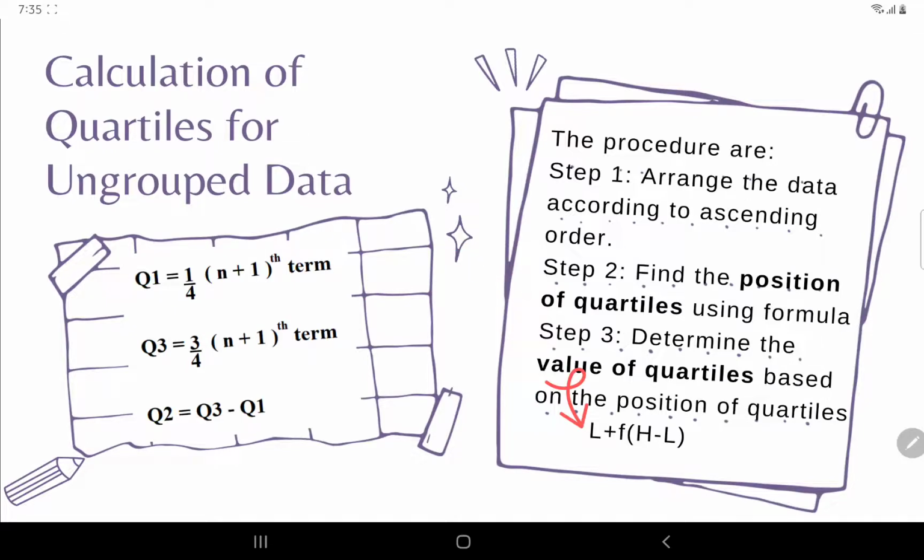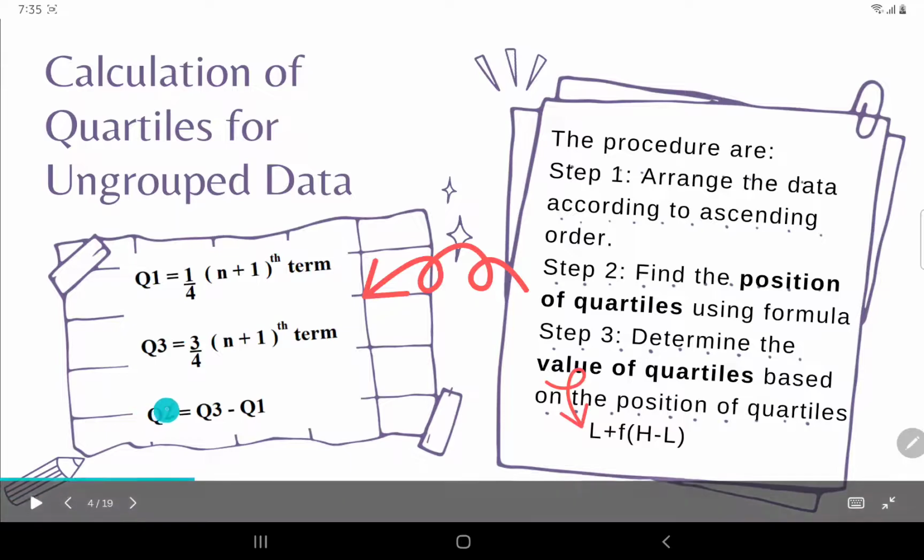So we need to know where the positions for Q1, Q2 and Q3 are. This is the formula for position, the kedudukan quartile. Q1 is 1/4 of the observations, so the formula is 1/4 times n plus 1.